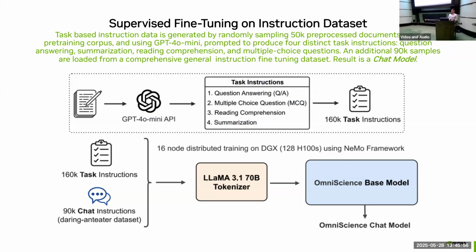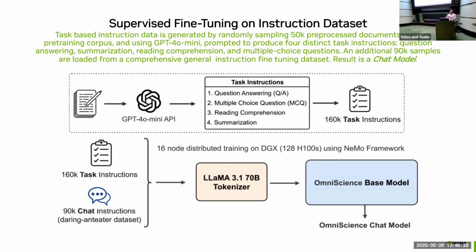And for Omniscience specifically, what we used here was a randomly selected subset of our large set of 19 million documents, where we pulled out 50,000 documents and used a foundation model, in this case GPT-4o Mini, to essentially build a data set for us by asking it to create 4 task instructions per document.